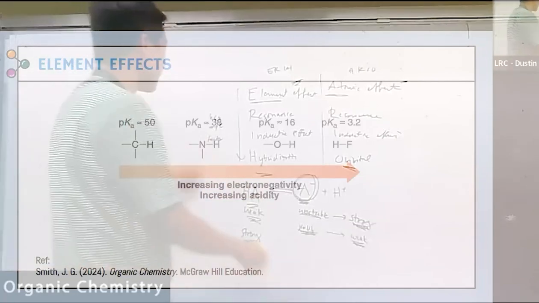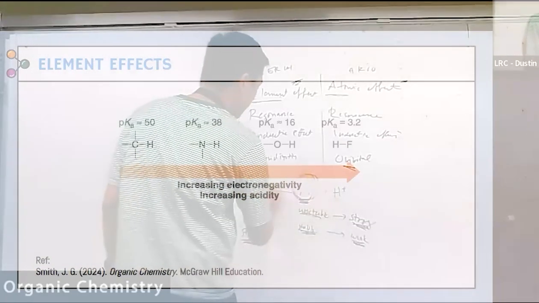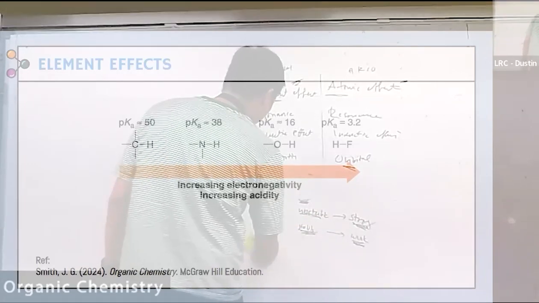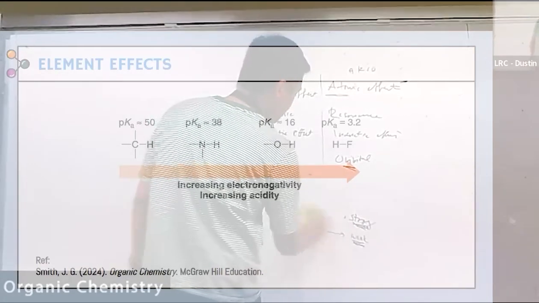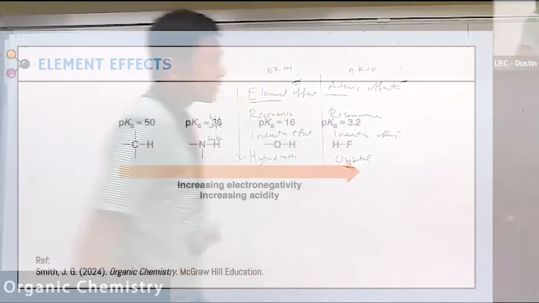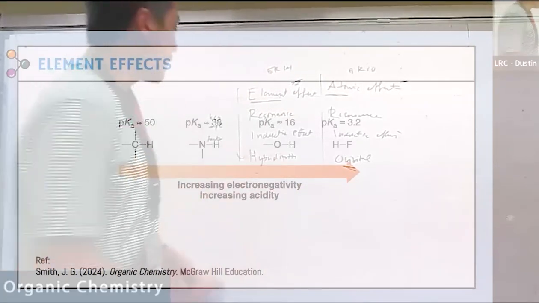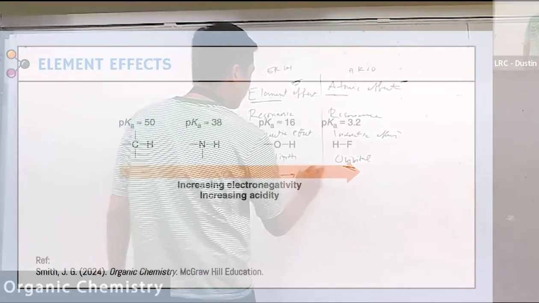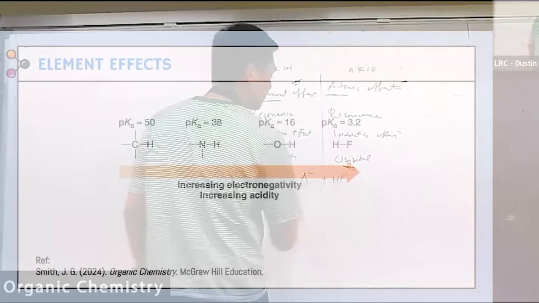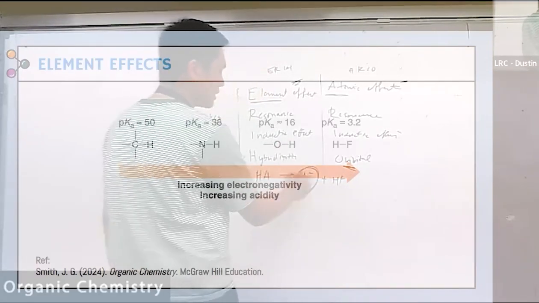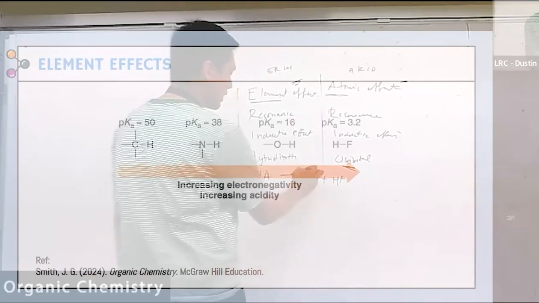Firstly, element effect. What do I mean by element effect? As the electronegativity of your element increases, the more it is able to stabilize its negative charge. As I mentioned earlier, this is usually the general formula of acid dissociation, right? Usually your conjugate base, your A, has a negative charge.